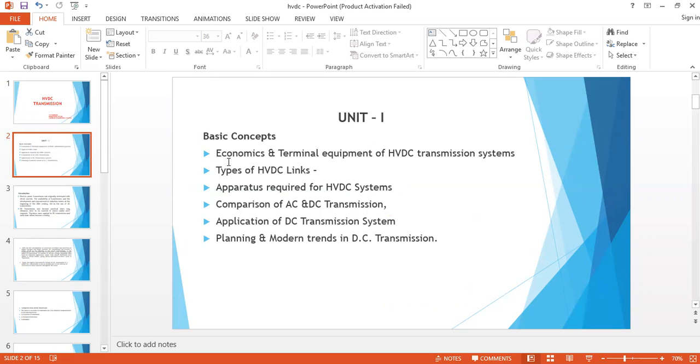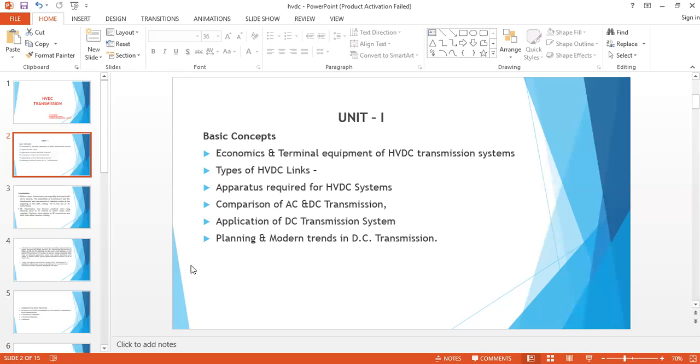In the previous offline class we discussed what the need of HVDC transmission is, and why we go for HVDC transmission in India. We have several regions: central region, northern region, southern region, etc. Because the frequencies do not match, you cannot directly connect the high voltage transmission line between two regions.